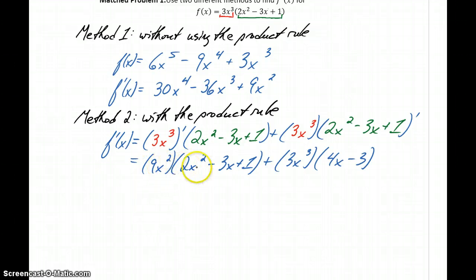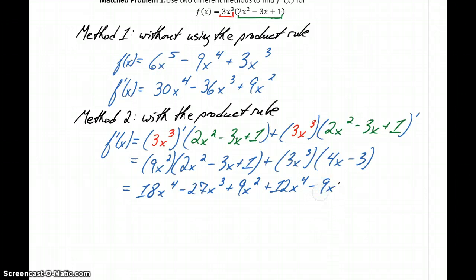Now we can take the 9x squared, distribute it through, take the 3x cubed, distribute that through, which will give us 18x to the fourth minus 27x cubed plus 9x squared plus 12x to the fourth minus 9x cubed. And then simplifying and combining our like terms, this will give us 30x to the fourth minus 36x cubed plus 9x squared.